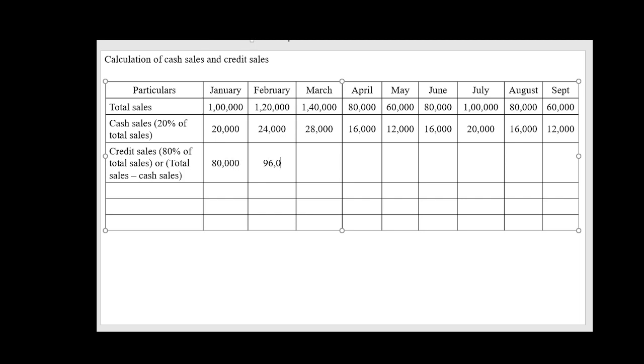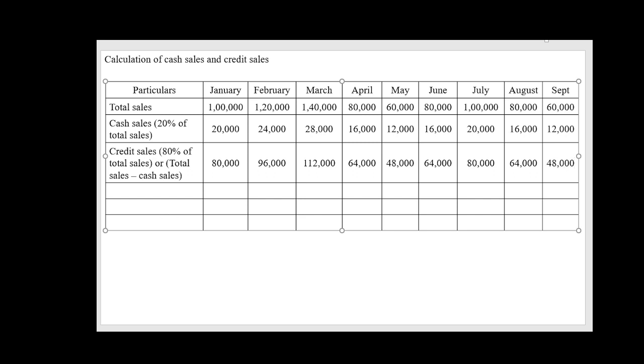This will be 96,000. 1 lakh 12,000. 64,000. 48,000. 64,000. 80,000. 64,000, and then this will be 40.